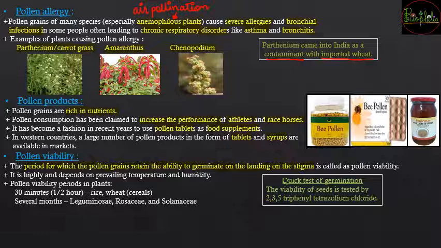That means from the time that it has been set out from the anther till the time it reaches the stigma. ओके यानी जब एंथर में से पोलन ग्रेन एटमॉस्फेयर में आया एंड टिल द टाइम इट रीचेस द स्टिग्मा, ओके, एंड इट हैज अ एबिलिटी टू जर्मिनेट, यानी फर्टिलिटी की एबिलिटी है उसमें, दैट पर्टिकुलर टाइम इज गोइंग टू बी कॉल्ड एज पोलन वायबिलिटी.